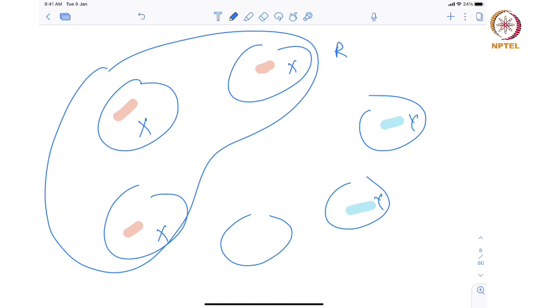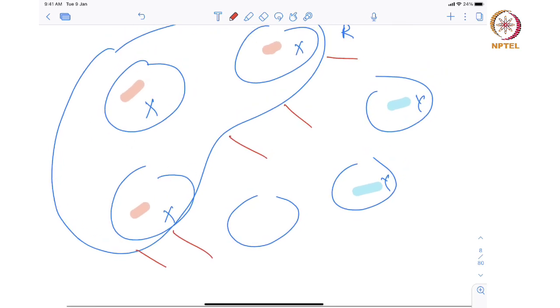Notice that your cut, if it is a minimal cut, right? Since it is a minimal cut, definitely I can disconnect X from Y by deleting edges incident to R. But maybe there is an edge here, there is an edge here.